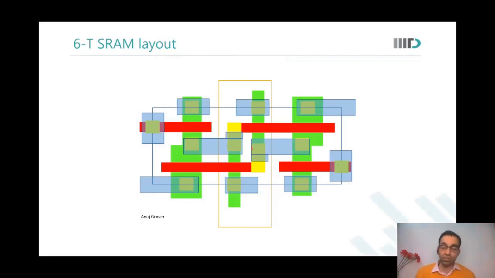Whichever company you join, unless you join the technology team that designs the memory cells, you will not be allowed to touch the layout of the memory cell at all. As a design team, you will be given this layout. But I'm preparing you for all kinds of job roles. So mostly, if you go into design roles, you will only get a layout.